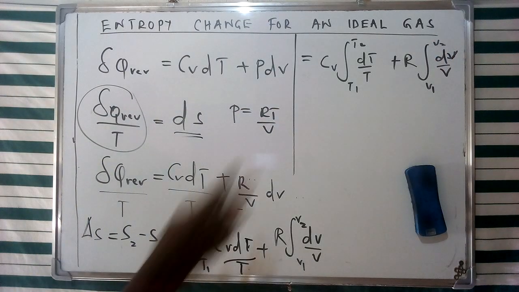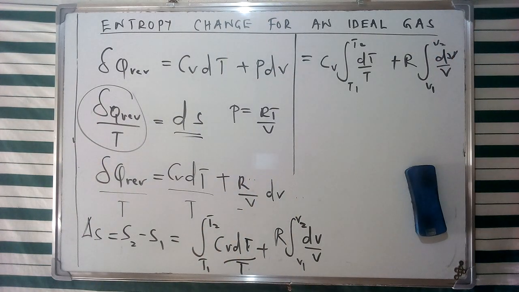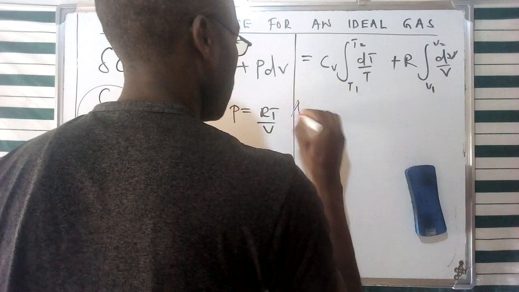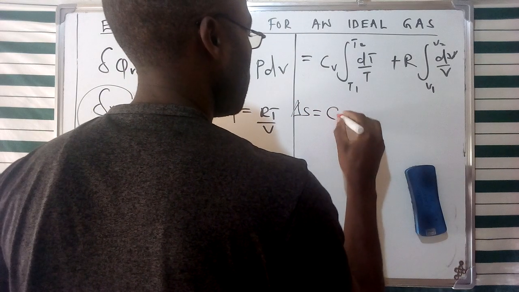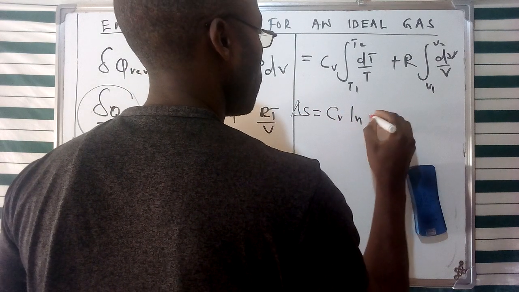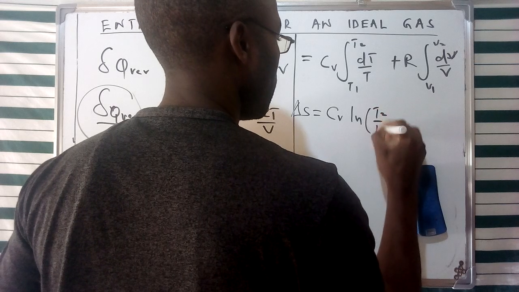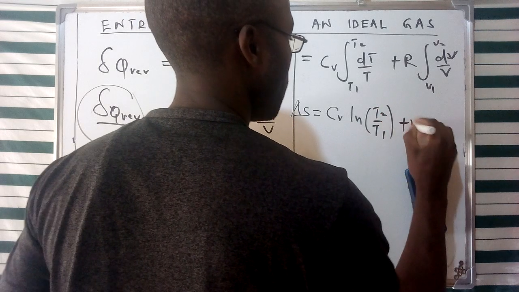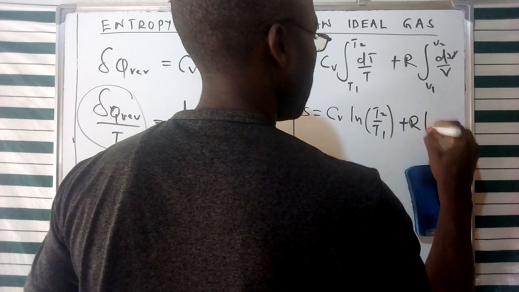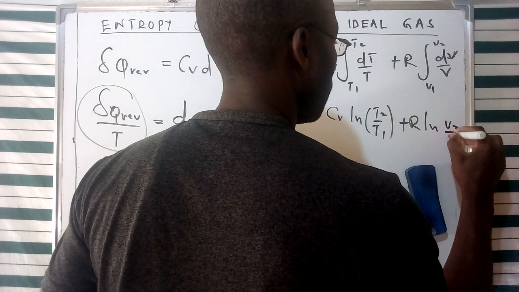So this is going to give us delta S, which represents the change in entropy. Finally, this gives us delta S equals Cv times the natural log of T2 over T1, plus R times the natural log of V2 over V1.